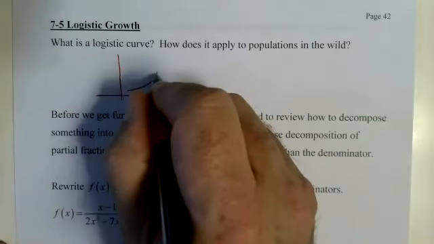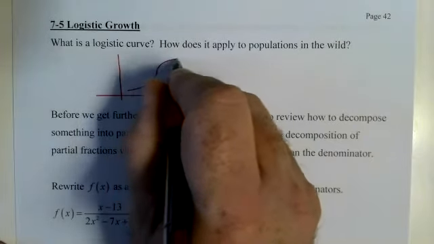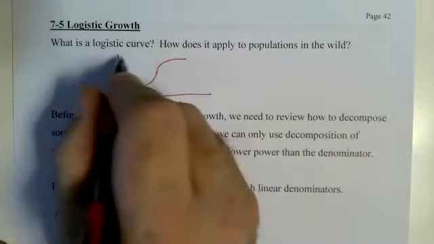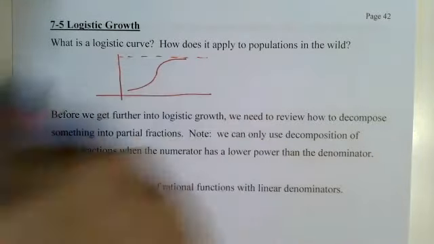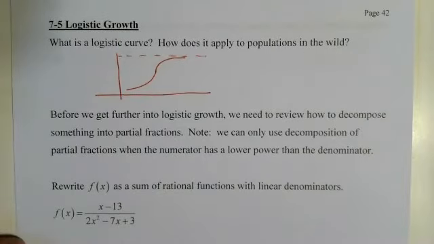They grow, and then eventually they start to peak out. Why do they peak out? Because there's only so many squirrels that this small island can handle. If they eat too much, they starve. This apparently happens with deer, and that's the justification for deer hunting season.